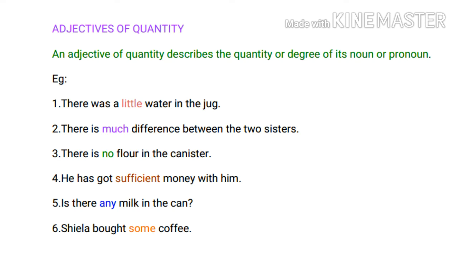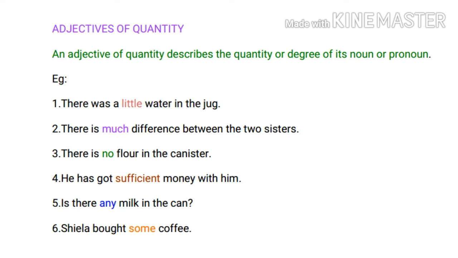There is no flour in the canister. Here, no denotes the quantity. It denotes zero quantity. That is, the canister is empty. It contains no flour. He has got sufficient money with him.